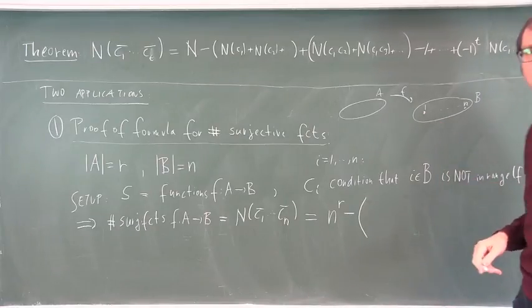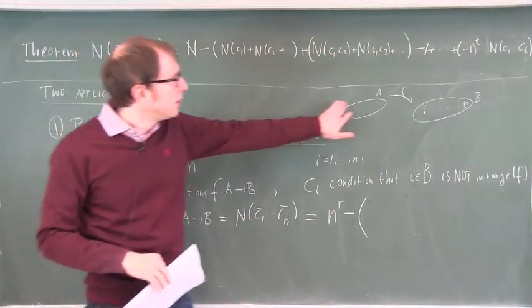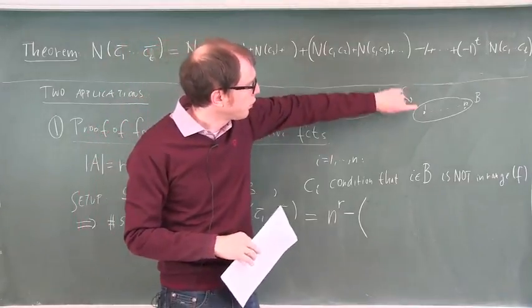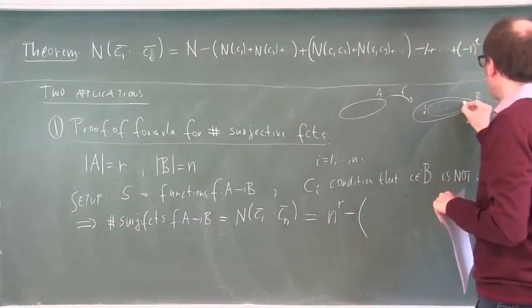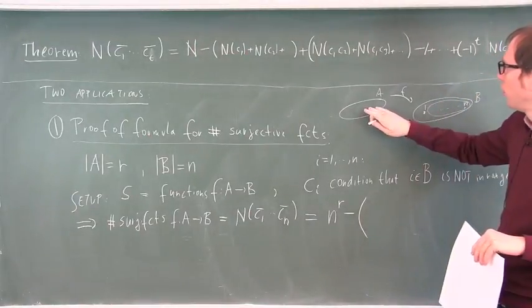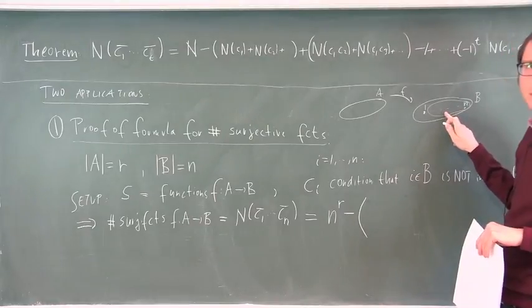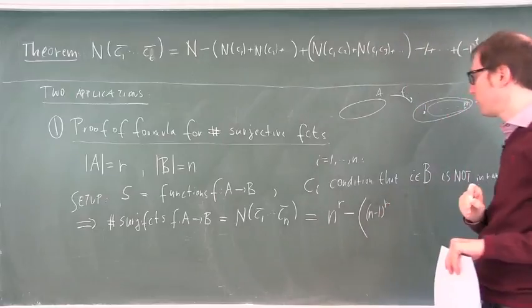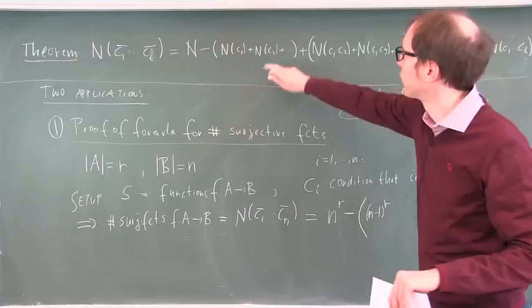What does that mean for the function f? It means that essentially you can think about it that all the elements in here won't map to 1, they will map to the other elements. So we're just counting all functions going from A to a set with n minus 1 elements. There are (n minus 1) to the r of these functions. And now the same for N of C2.